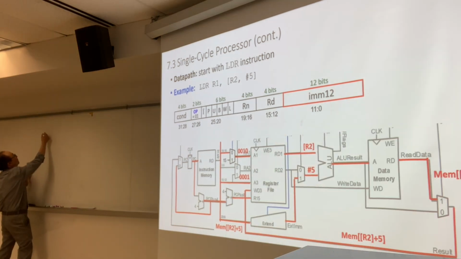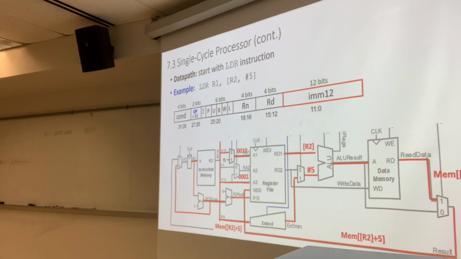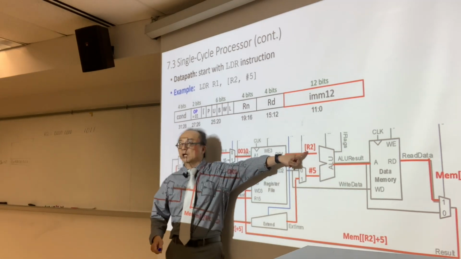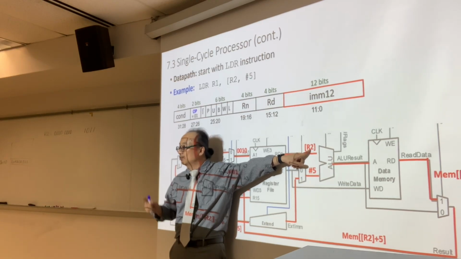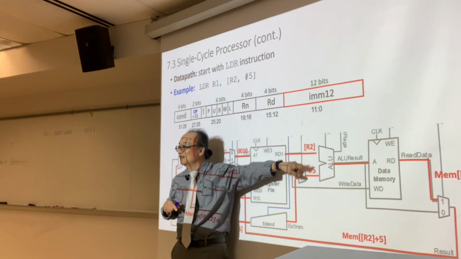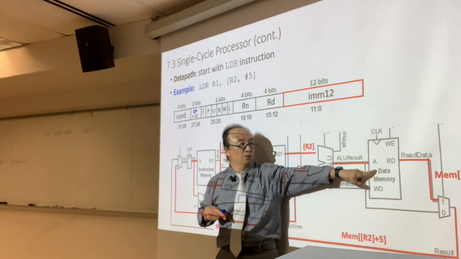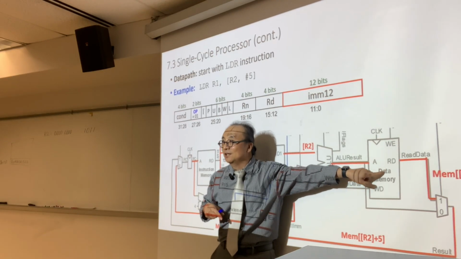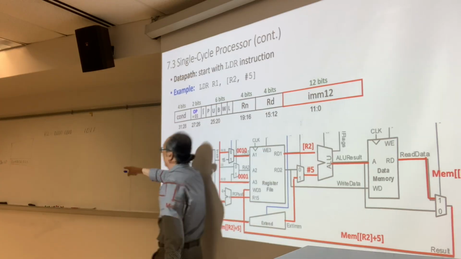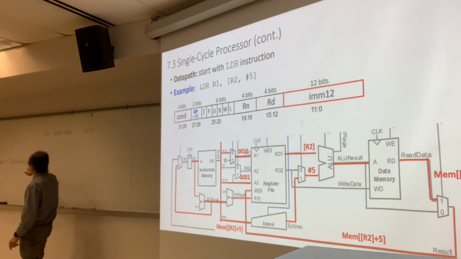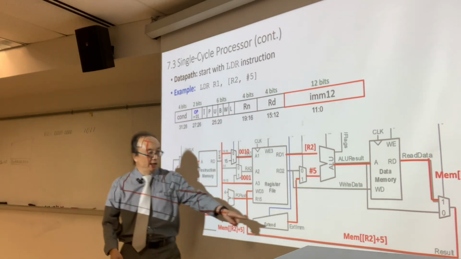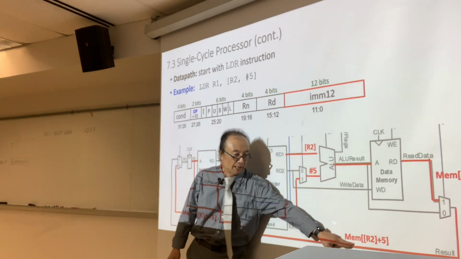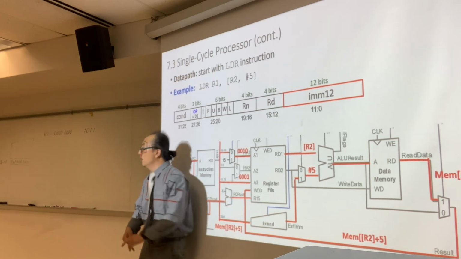Let's say we have R2 as something like this. So let's use the real number now. Then the content of R2 is 11. So this guy should be 11. 11 plus 5 is 16. So we need to go to data memory, address 16, and read the content. At address 16, we have ABCDEFFF. Then ABCDEFFF is this guy, and bring it into R1.